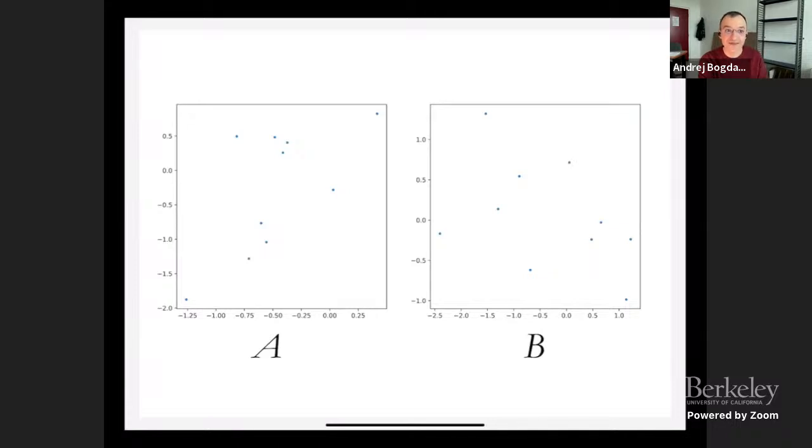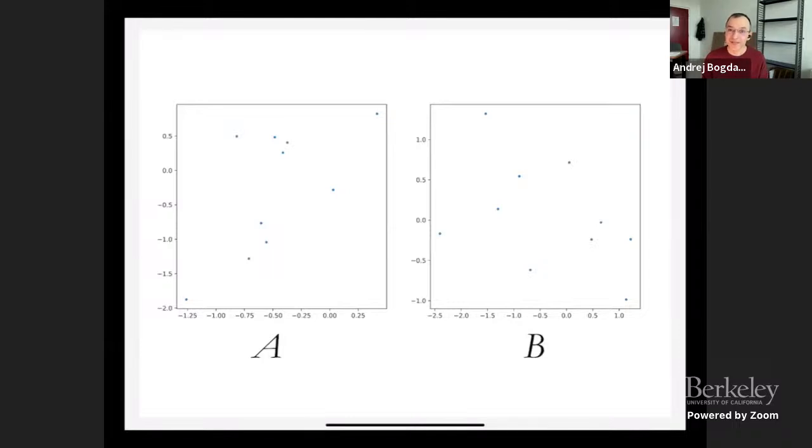So again, these are two sets of points, and one of them has some integer vector in the column space, and the other one doesn't. Do you have a guess now about which one might have the integer vector inside? Do you see any lines here? Not clear, right?